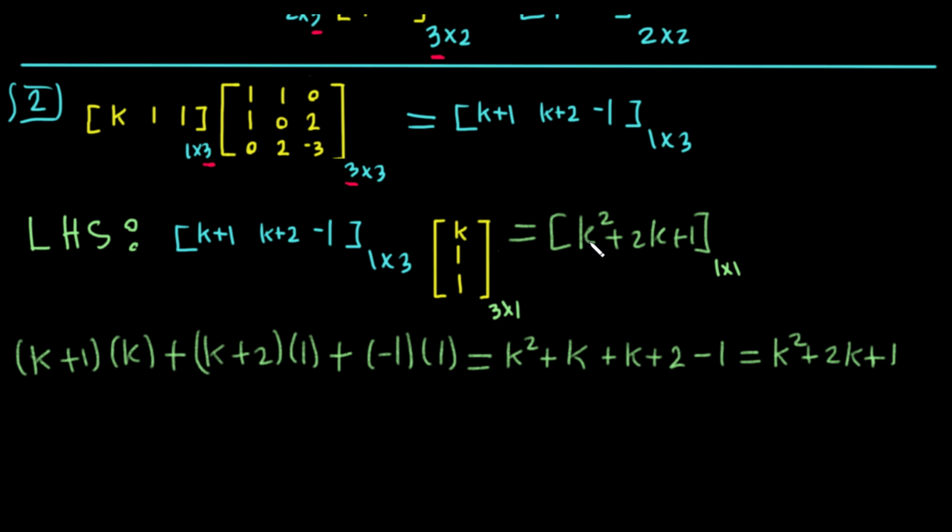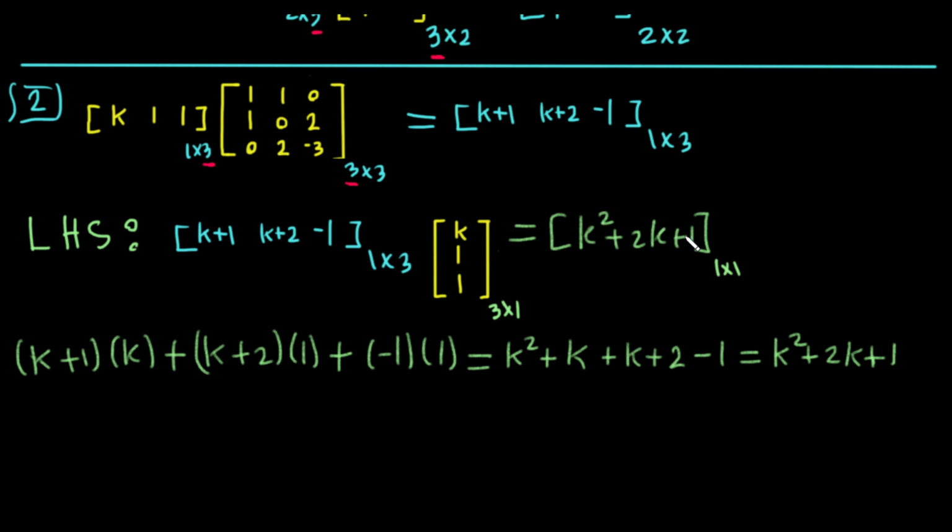For example, if k equals 0, then 0 plus 1 is 1, so we have a matrix with the entry 1. If we substitute k equals 1, then 1 plus 2 plus 1 is 4, so we have only one element, which is 4. Here we have to compare this matrix with a zero matrix. Of course, if we want to put a zero matrix, we have to put it as a 1 by 1 matrix.